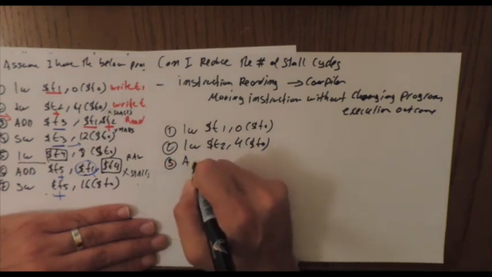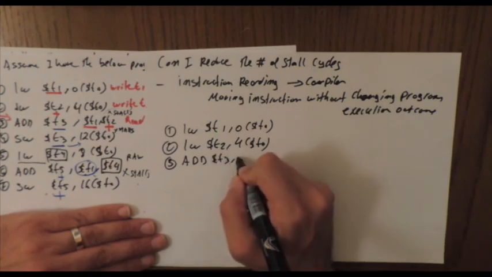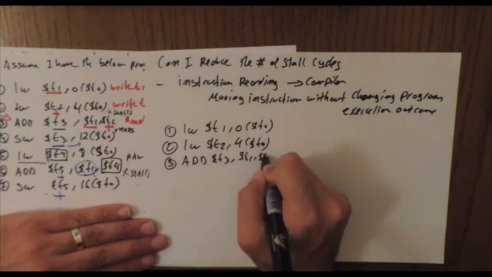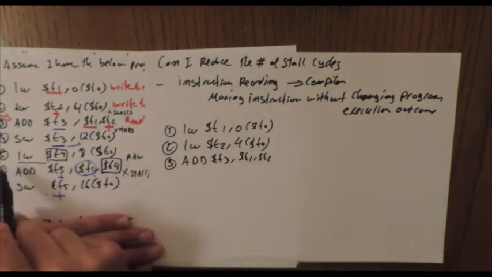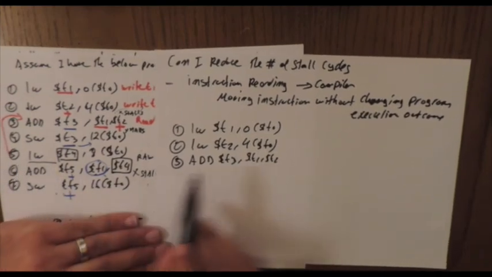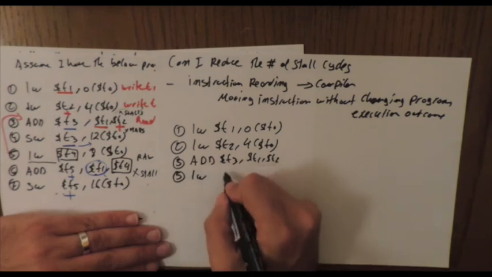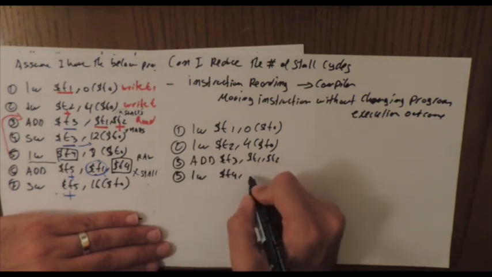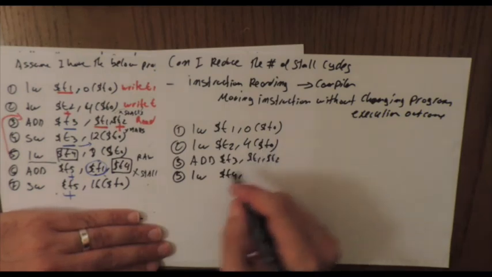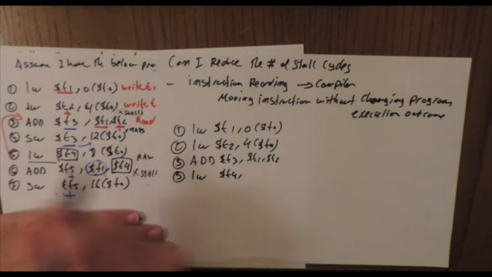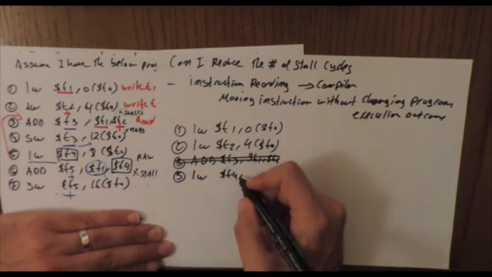For 3, I will have the add instruction, or T2, and then I said I need to place the fifth instruction here. So under 5 I'm going to put LW T4.